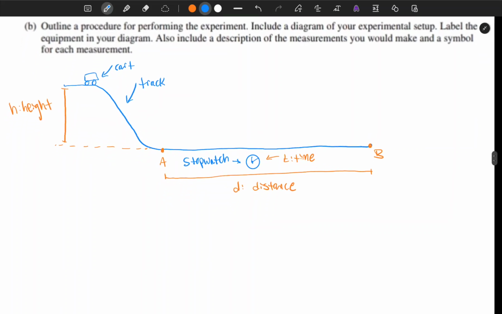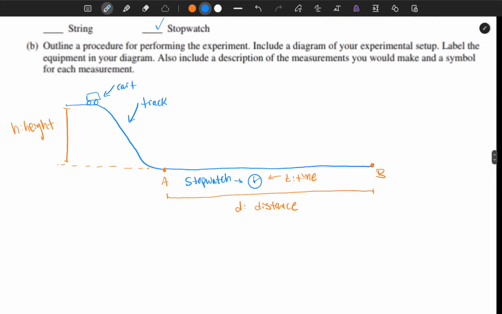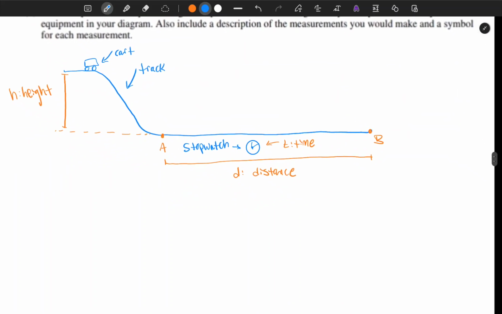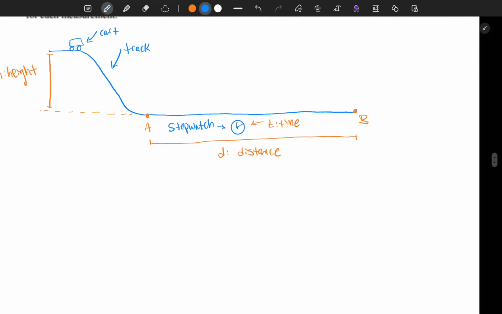Then we take the time it takes to travel from A to B and the distance along which it travels to find the velocity at the bottom of the ramp, A. So here, the velocity v is equal to d over t.